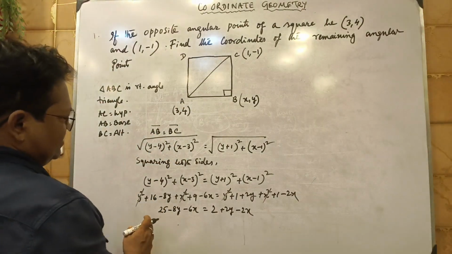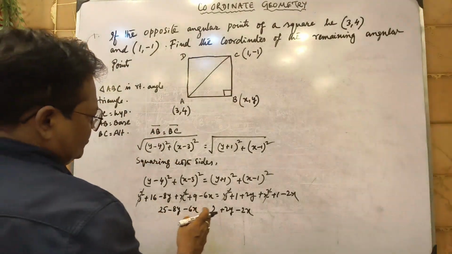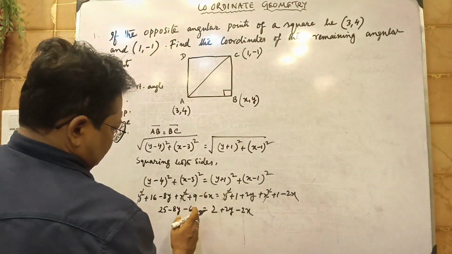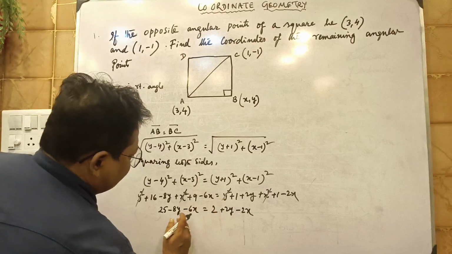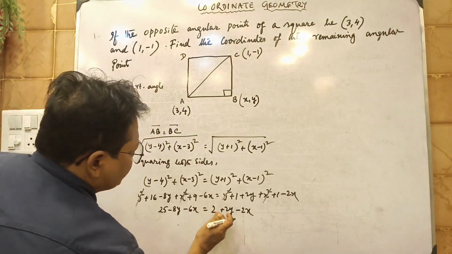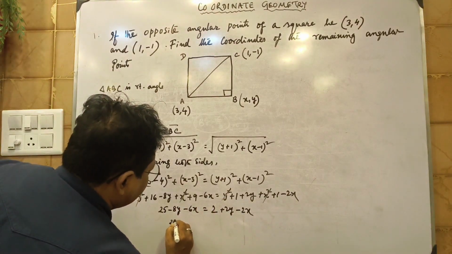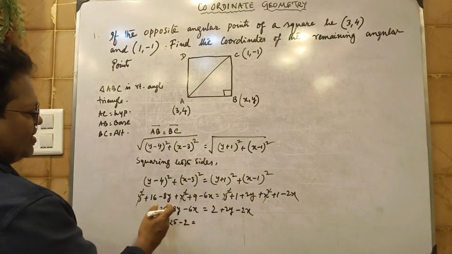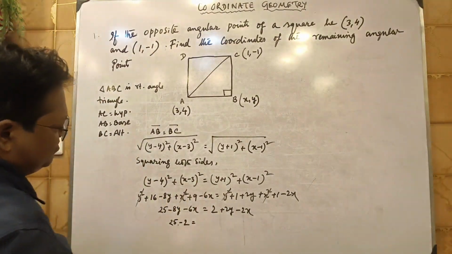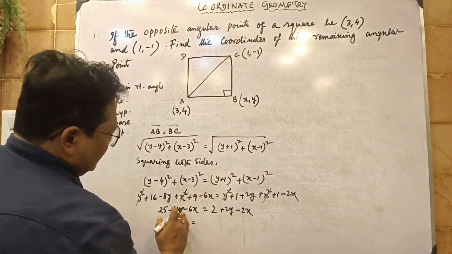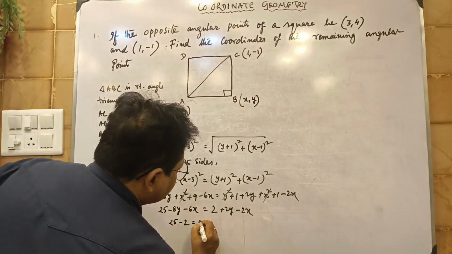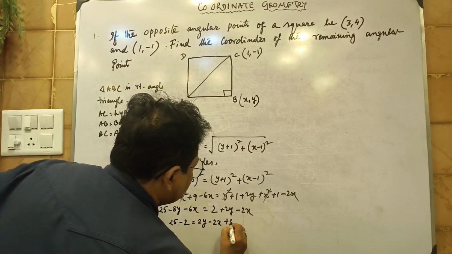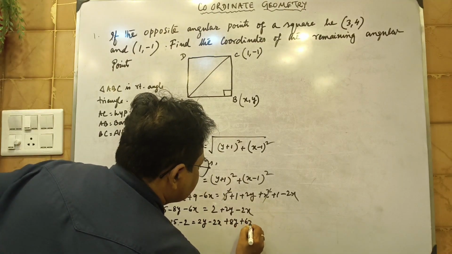Now take the numerical part on the left side and the variable part on the other side: 25 minus 2 equals 2y minus 2x plus 8y plus 6x.